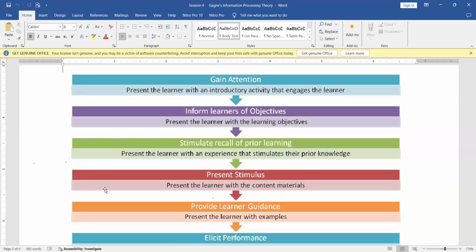It's presented in the context. So the context is the ground. But students might pay attention to the ground, not to the figure. To avoid that, you can tell the students in simple words, this is what I want you to be able to do at the end of the lesson. So students have a focus. Because of that, they know what they are supposed to learn. And that helps them to focus on the figure, not on the ground.